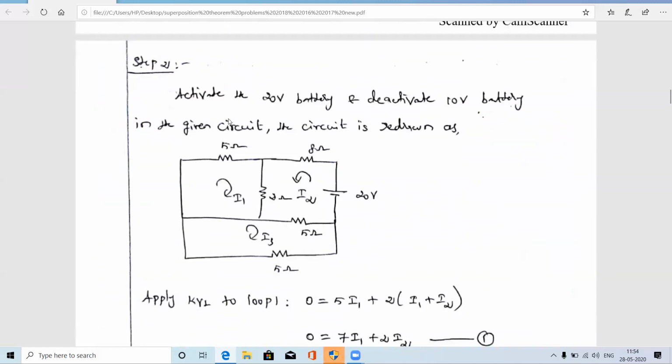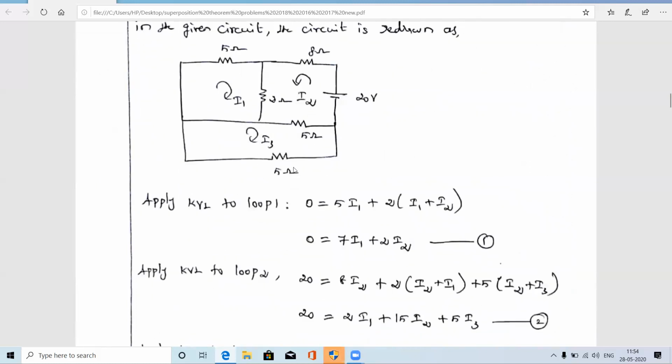In step number 2, we have to activate the 20 volt battery and deactivate the 10 volt battery. So now the circuit we will get like this. In that circuit, we have to find the current flowing through the 2 ohm resistor. Again, we have to use mesh analysis.